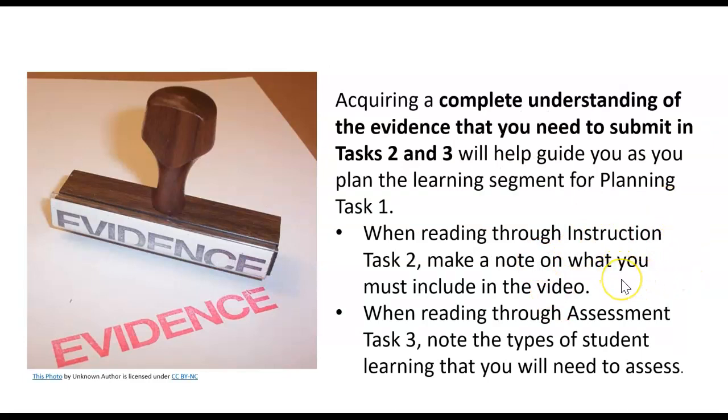The task 2 is your instruction, and as you're reading that, you need to take a close look at what kind of video evidence you're going to need. Are you going to need evidence of small group instruction, student engagement, academic language? What all are you going to need to get on video? You need to know about that before you plan your lessons.